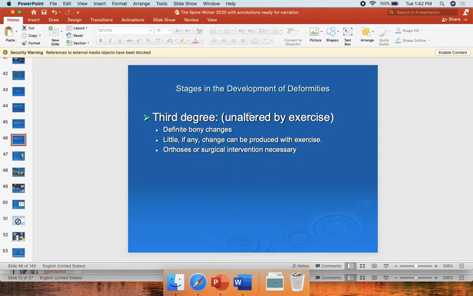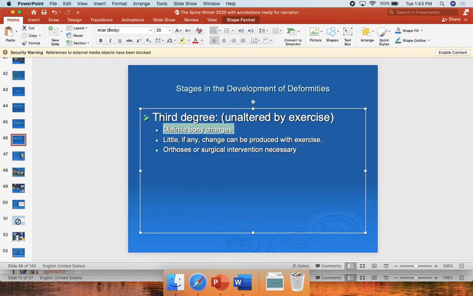And then our third degree is going to be something that is affected enough that even if you implement a hard exercise regimen, it's still going to be unaltered. Obviously, the big key here is there's going to be a lot of those bony changes. So oftentimes exercise may improve someone's condition.